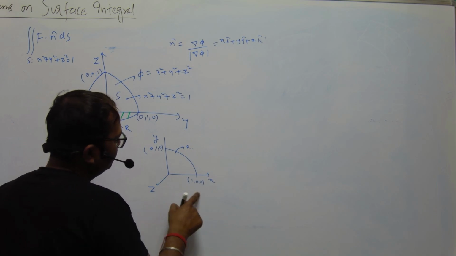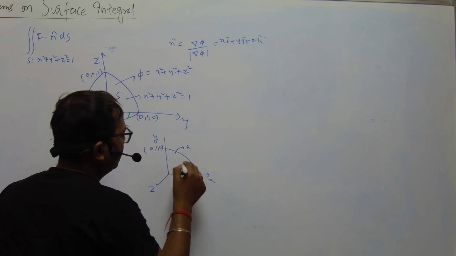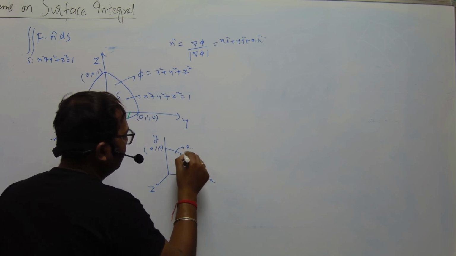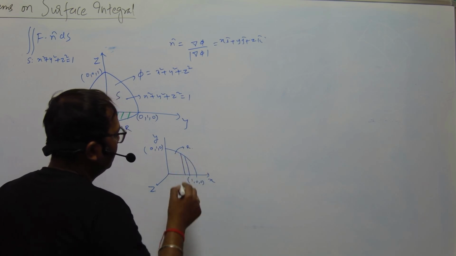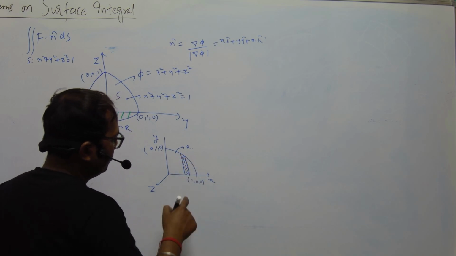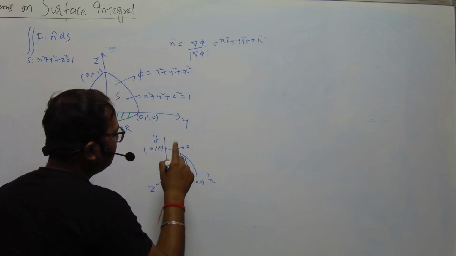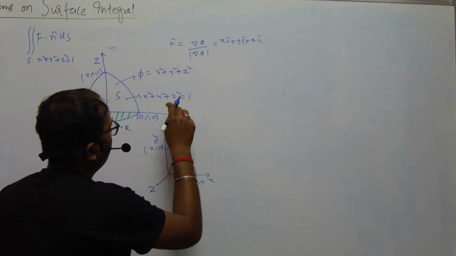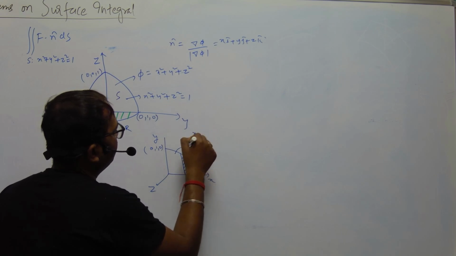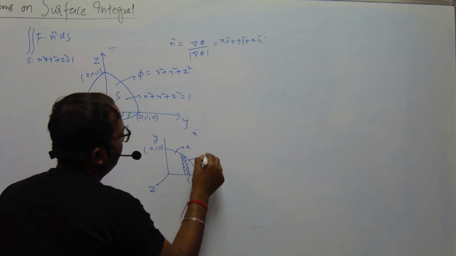So here the value of x varies from 0 to 1. Let us take a strip like this for finding the double integral over region R. X varies from 0 to 1, y varies from 0 to... We have the expression of this curved surface as x square plus y square.